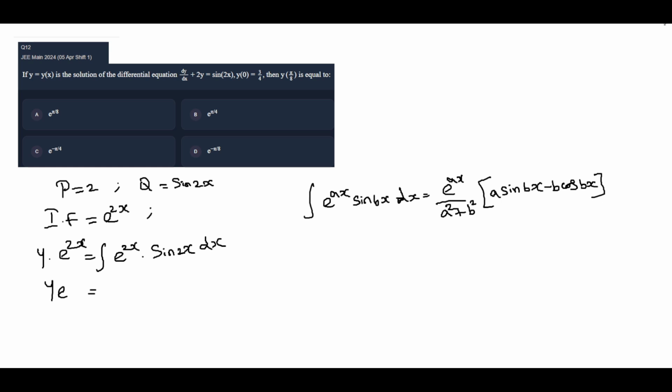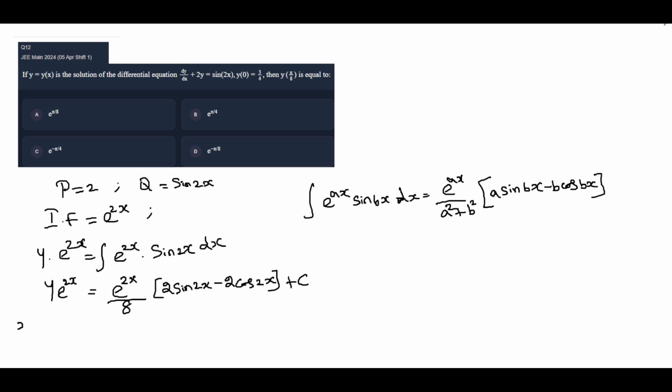So y into e power 2x is equal to e power 2x by 8, since a value is 2 and b is also 2, into 2 sine 2x minus 2 cos 2x, plus c.